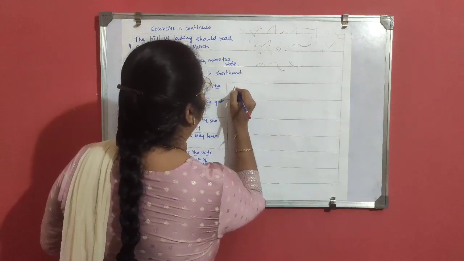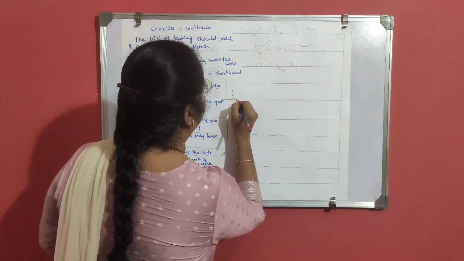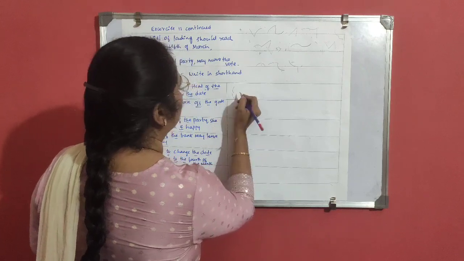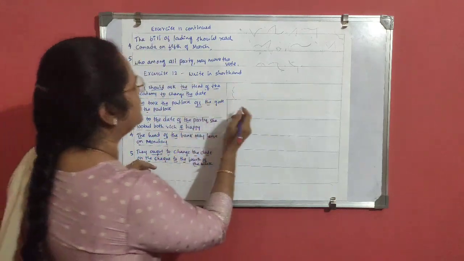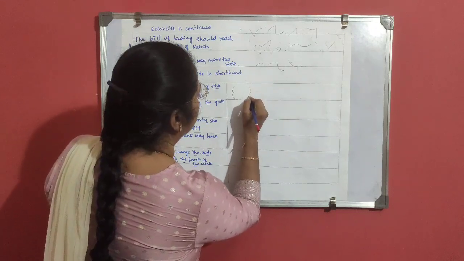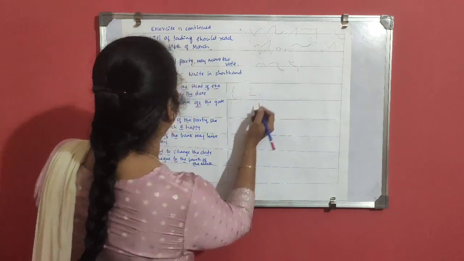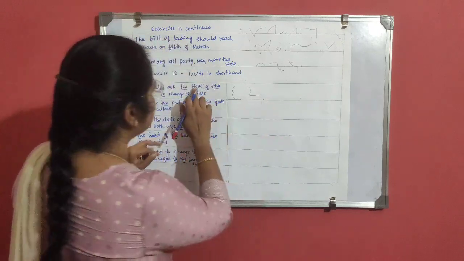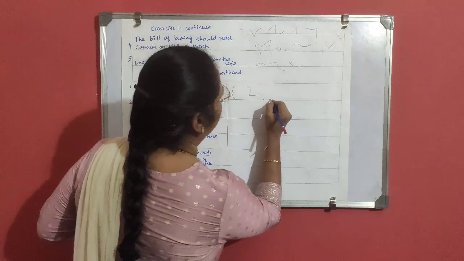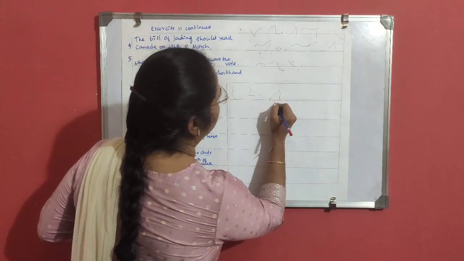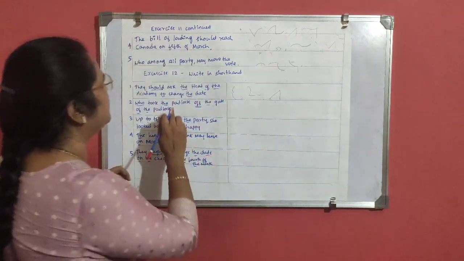They should ask the head of the academy. They: stroke, second place vowel. They should, grammalogue. Ask, K, a vowel. Ask the head. Since H is capital, you have to write head, H, D, second place, then this mark is to be written.